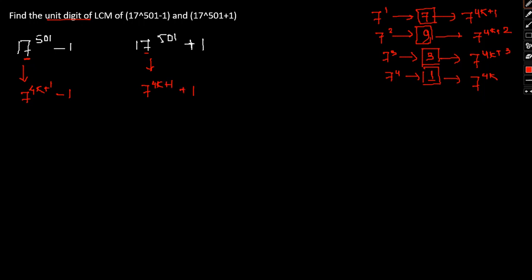The power 4k plus 1 ends with 7, so looking at the last digit, it is 7 minus 1, which gives an even number with unit digit 6. The other is 7 plus 1, which is also an even number with unit digit 8.